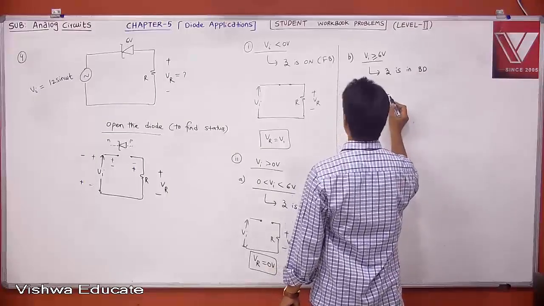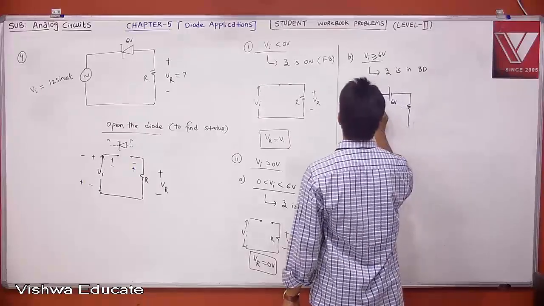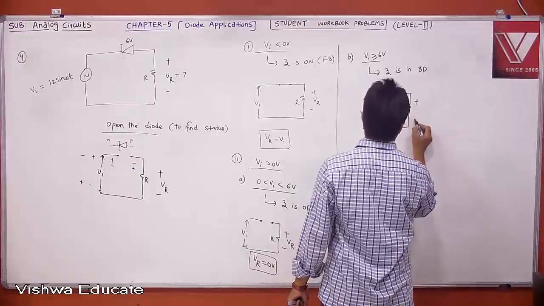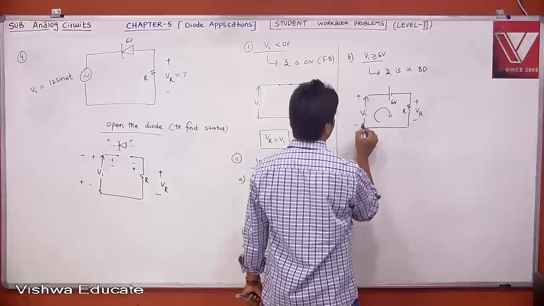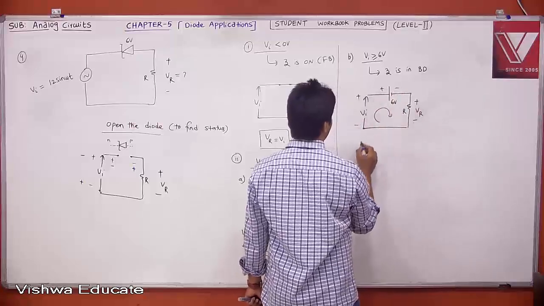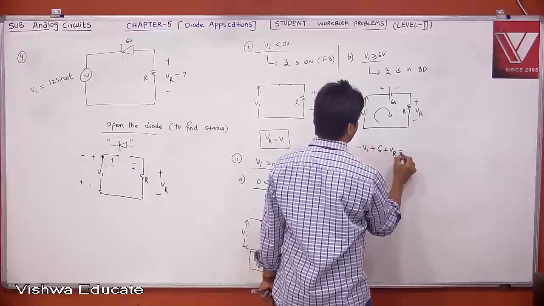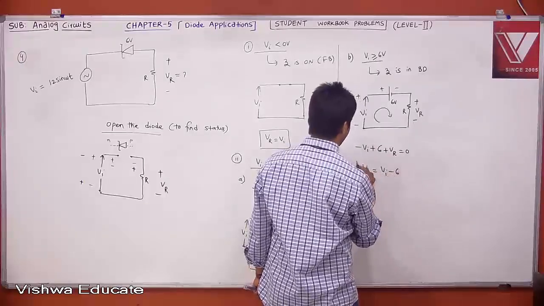This will be a battery of 6 volt, and this is your VI, your R, and your VR. Then apply KVL: minus VI plus 6 plus VR is equal to 0, and your VR is equal to VI minus 6.